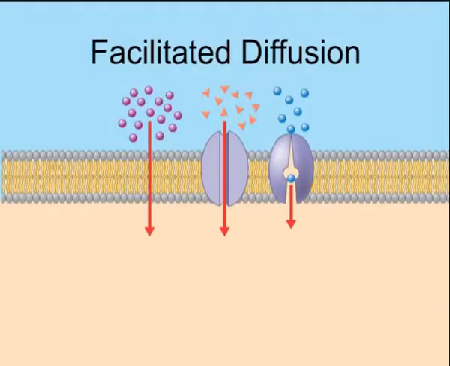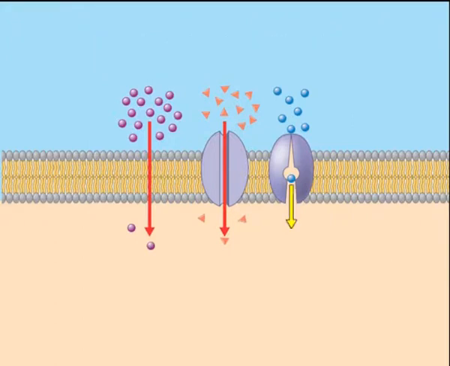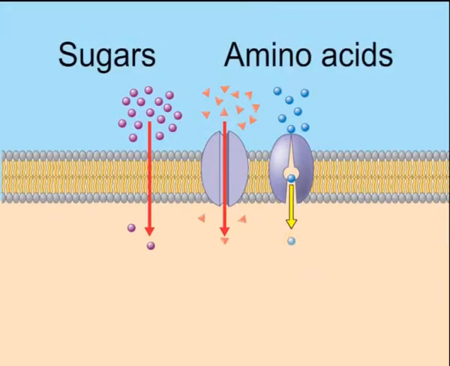Facilitated diffusion is one of the means by which substances are passively transported across biological membranes. It involves the transport of ions as well as other solutes such as sugars and amino acids.